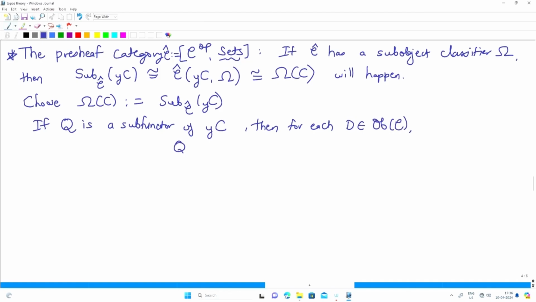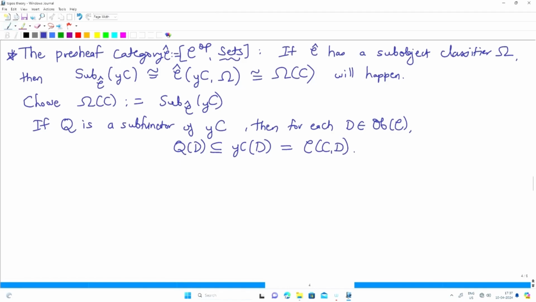Q of D is a subset of Yc at D, which is by definition, what is Yc at D? C of C comma D. Yes, C of C comma D. So it is just some collection of morphisms from C to D.